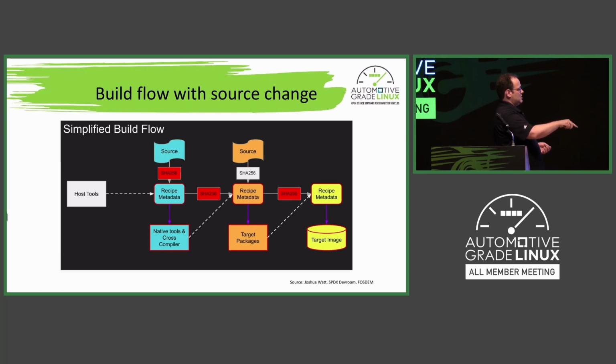This hash changes, we need to rebuild this. This hash changes, and so on and so on. So we know exactly the chain of events that is supposed to happen once we have, for example, a source change over here, because all the subsequent hashes will change.